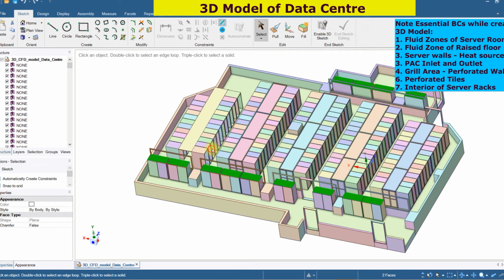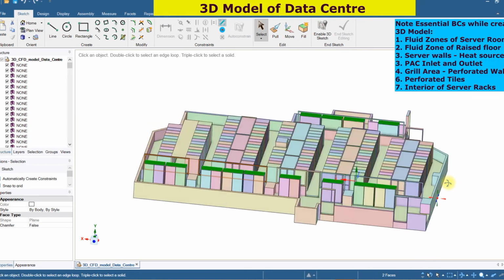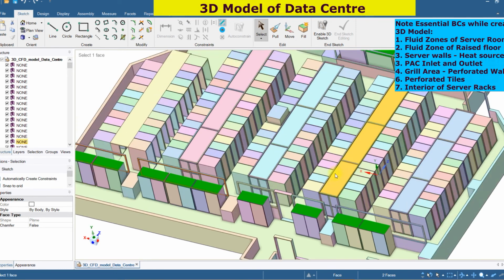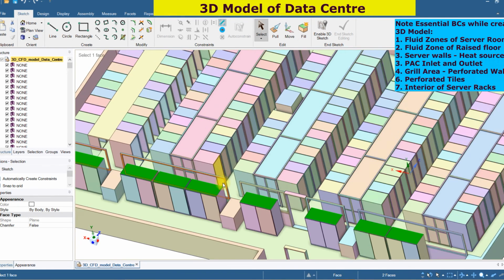We can consider the opening to the rack through which air flows. This is the concrete block. We don't need to model it for CFD simulation.